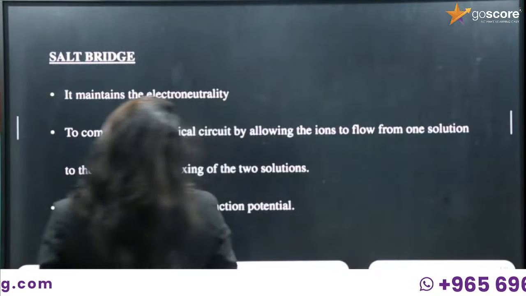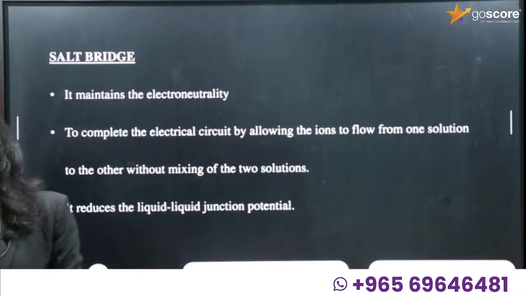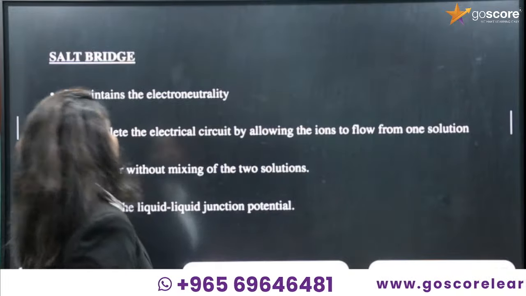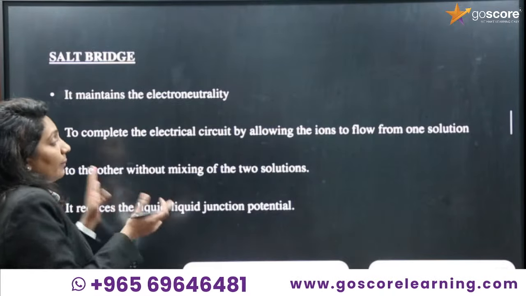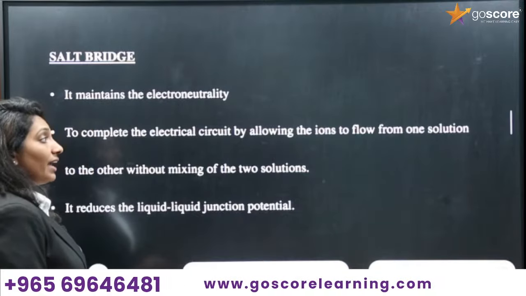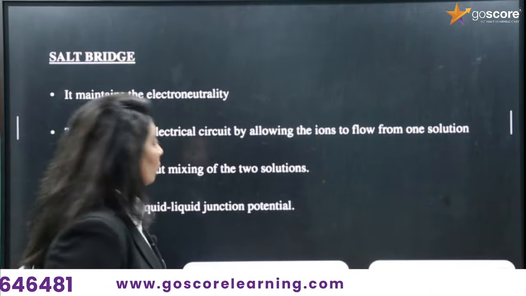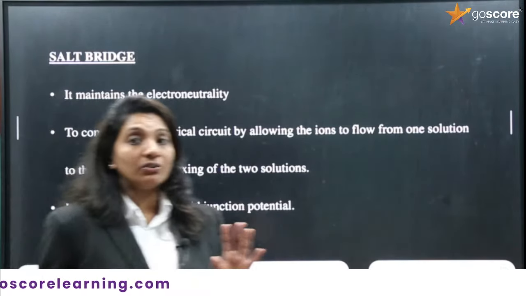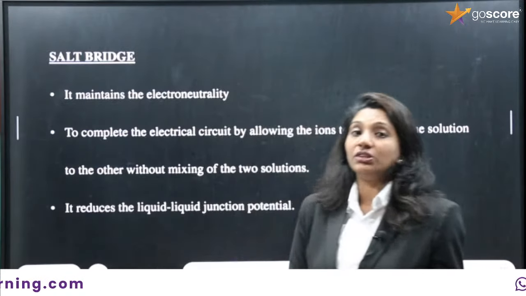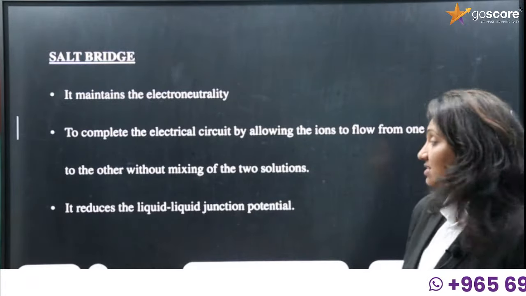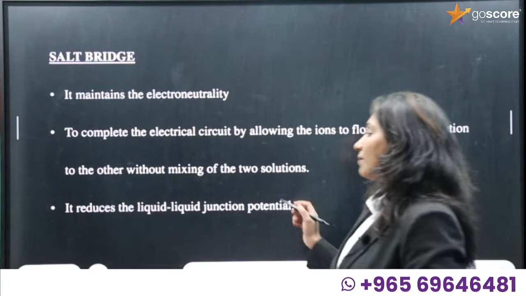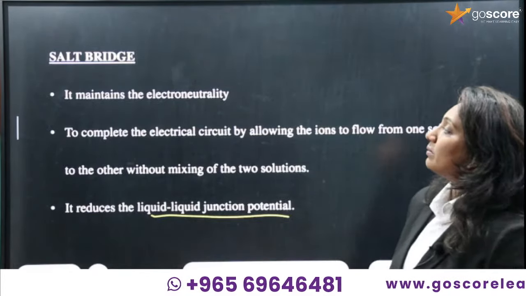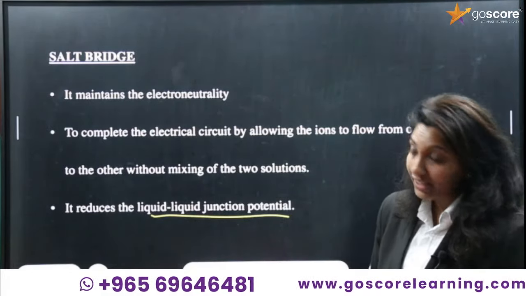The salt bridge maintains the electroneutrality, and it completes the electrical circuit by allowing the ions to flow from one solution to the other without mixing the two solutions. And it also helps to reduce the liquid-liquid junction potential. Okay, so these are the main roles of the salt bridge in the galvanic cell.